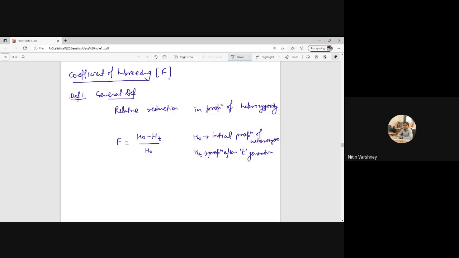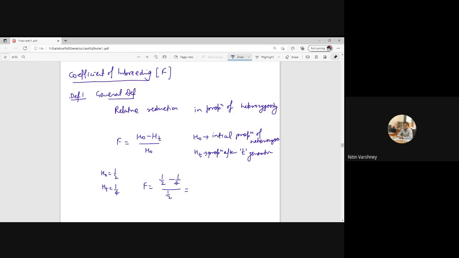Okay, next, suppose the earlier proportion is 1 by 2. Then in the next generation HT is equal to 1 by 4. Now what is the inbreeding coefficient? So 1 by 2 minus 1 by 4 upon 1 by 2.